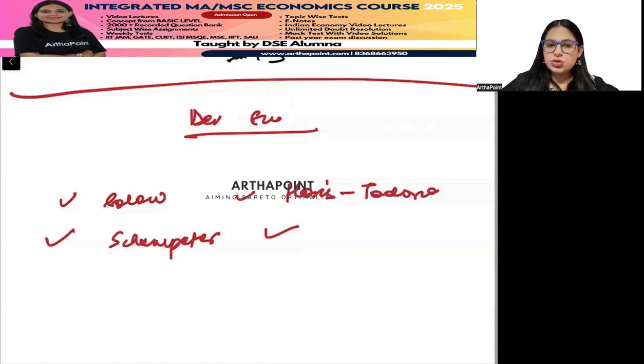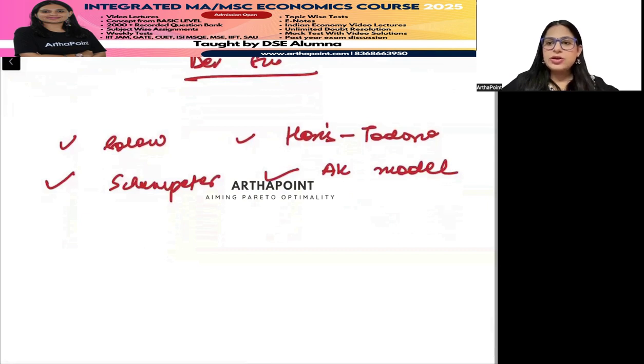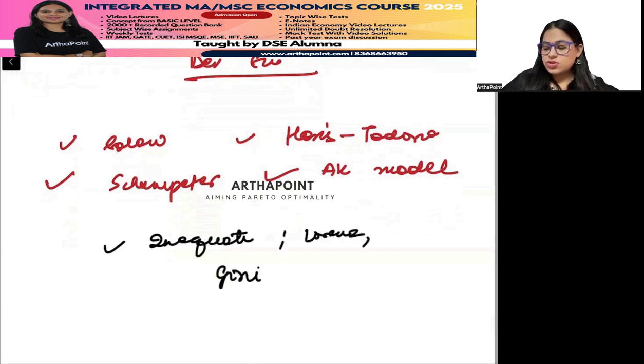Just know the name of some of the other models also. They may not be asked in the exam, but just know the name. For example, for endogenous growth theory, just remember that it is a model and what it says, that is enough. Then apart from this, do some of the other development theories, like inequality, the Lorenz curve, Gini's coefficient.